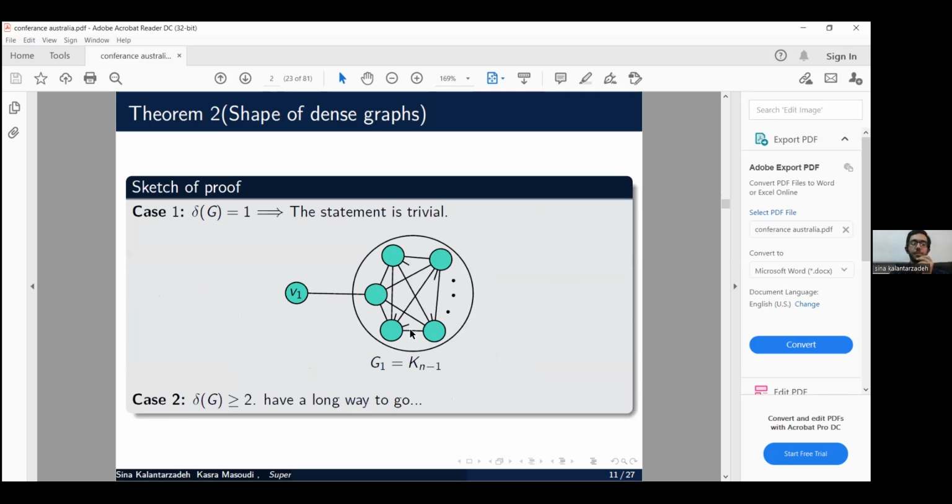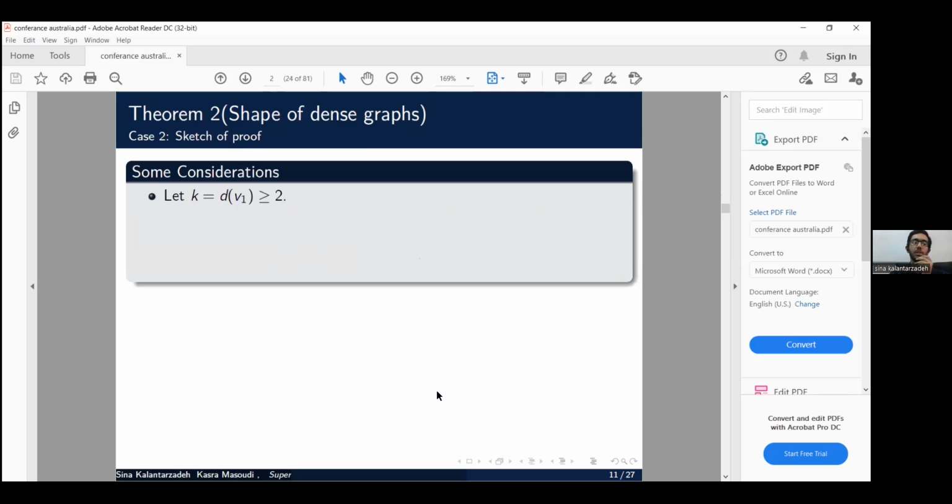we have two following cases. If delta of G is equal to 1, it is easy to see that the structure and the shape of G is as you see here, and the hard case is case 2. So in this case, we assume that the delta of G is greater than 1, and we are going to discuss more about it.